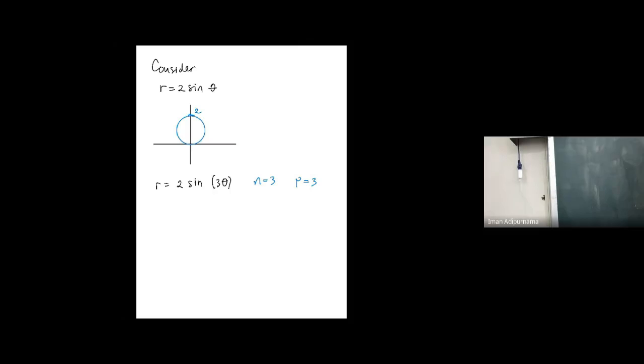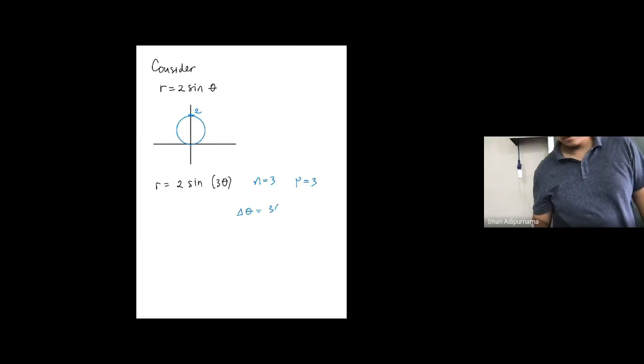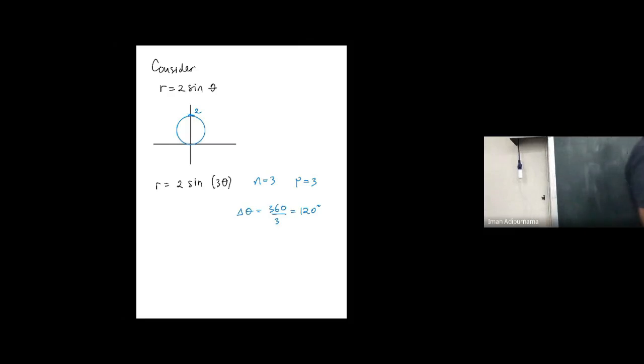And because it's 3, we have the full circle as 2 pi, or 360. Then the difference in angle between the petals will be 120 degrees. So each petal will have a difference of 120 degrees.